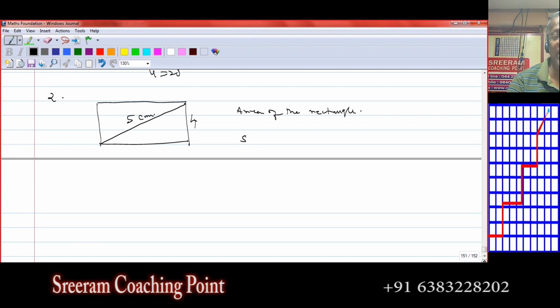So square of hypotenuse. What will you say? Square of hypotenuse is equal to the sum of the squares of the other two sides.